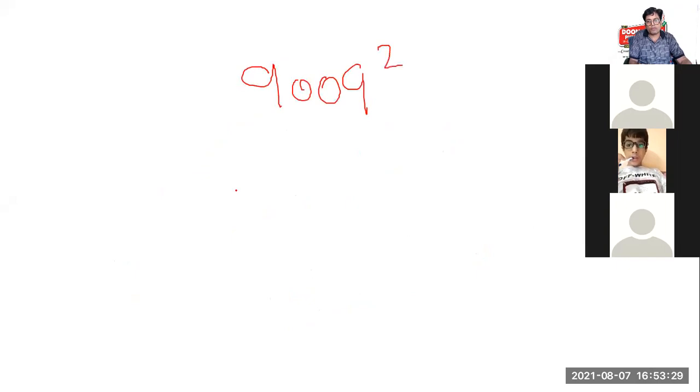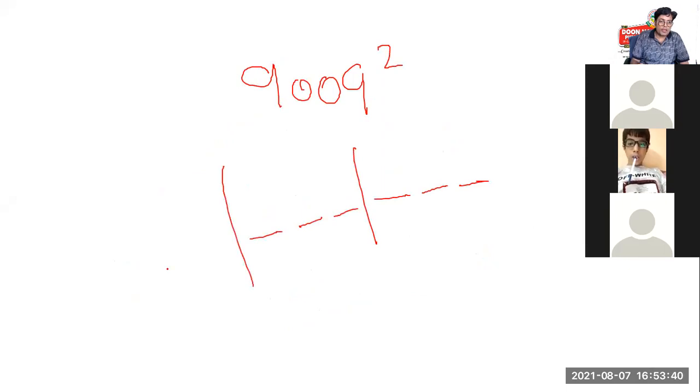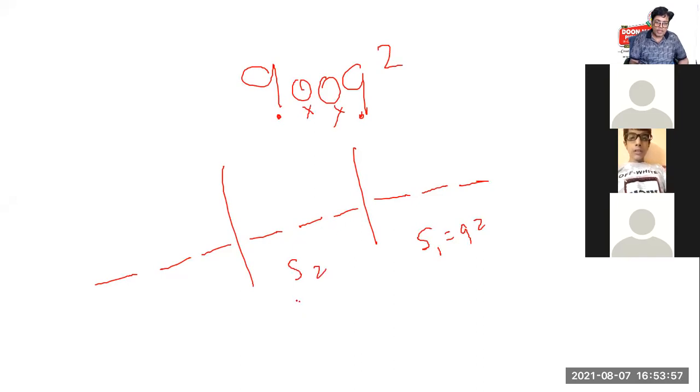9,009 square will be what? It will be of 1, 2, 3, 1, 2, 3, 1, 2, 3. It will be 9. In the first step, I will write 9 square. In the second step, I will leave 2 zeros. That will be 9 into 9 into 2.